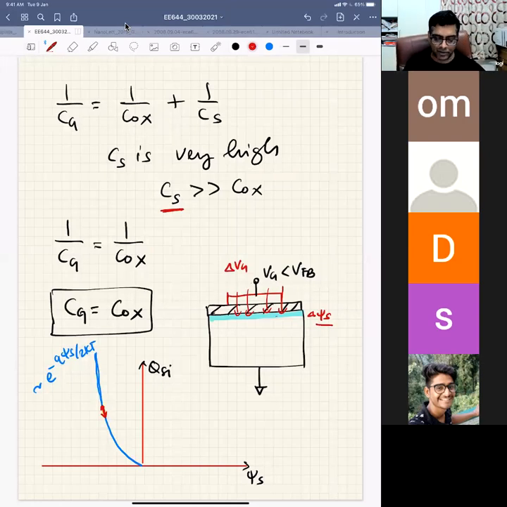Since this is like a parallel plate capacitor, with the accumulation charge just below the oxide and the gate charge just above it, the capacitance you will have is C oxide. Mathematically, in accumulation, the gate capacitance will be C oxide, your oxide capacitance.